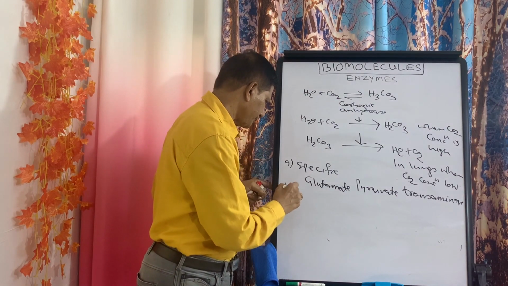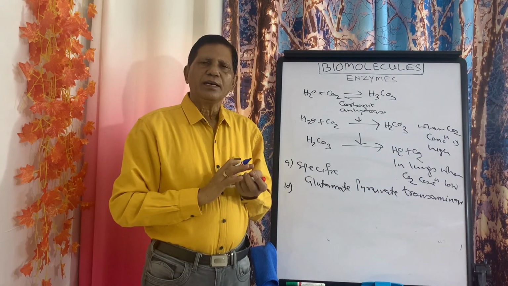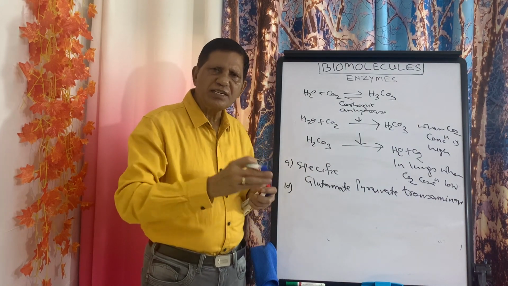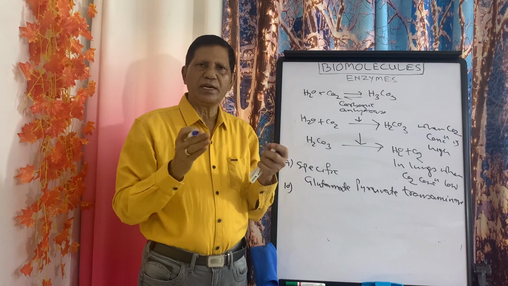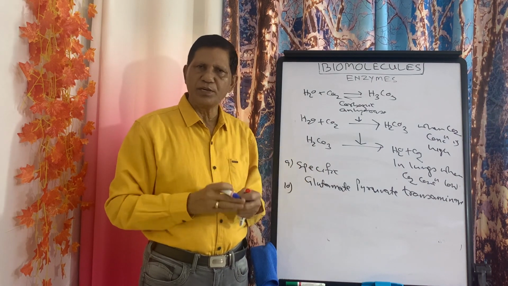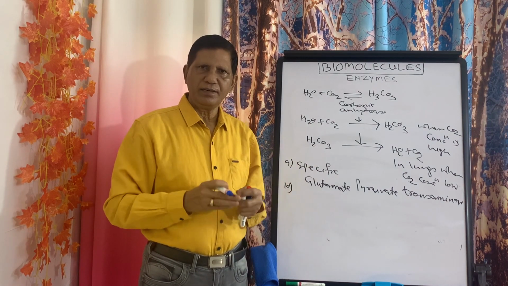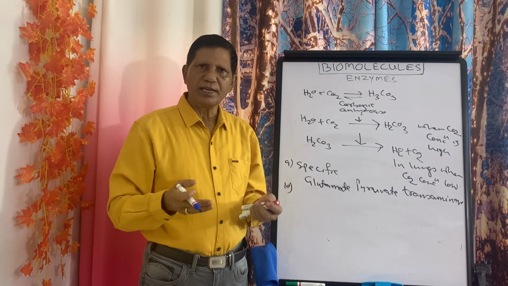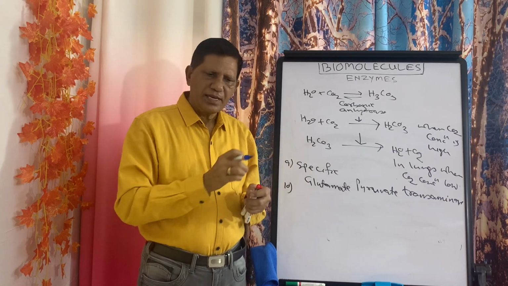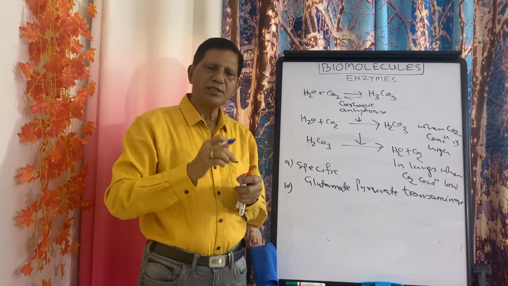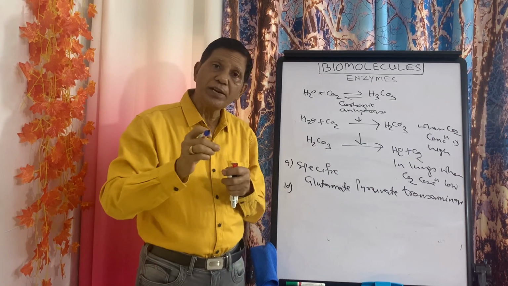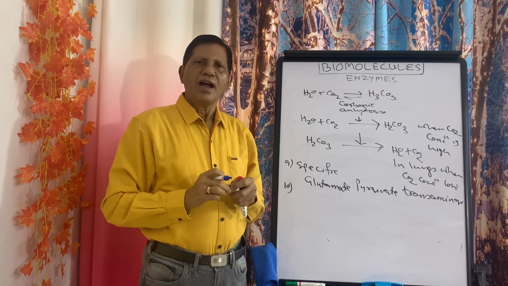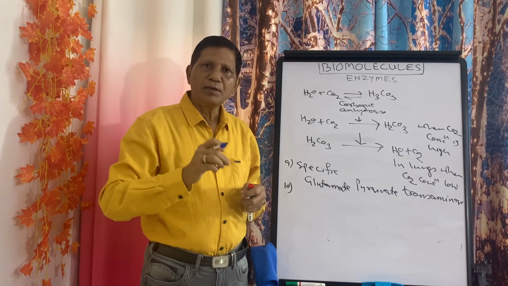Next point. When there are a series of reactions, suppose you take the case of glycolysis in respiration, or the Krebs cycle, or in photosynthesis, the C3 cycle. There is a series of reactions taking place one after another in a sequential manner, and that is known as a metabolic pathway.